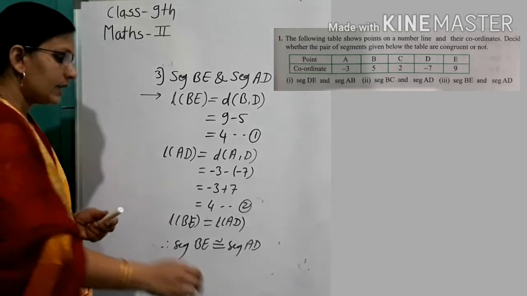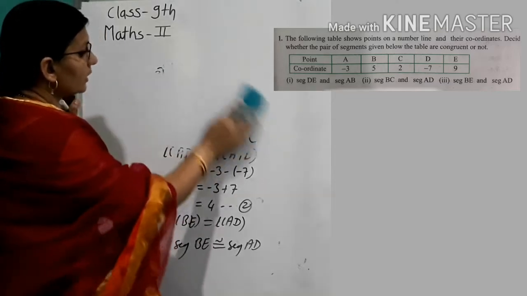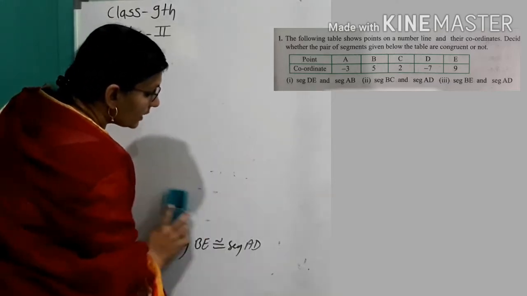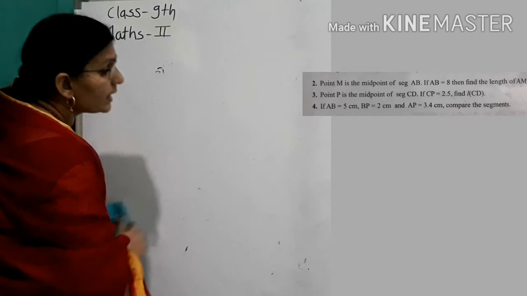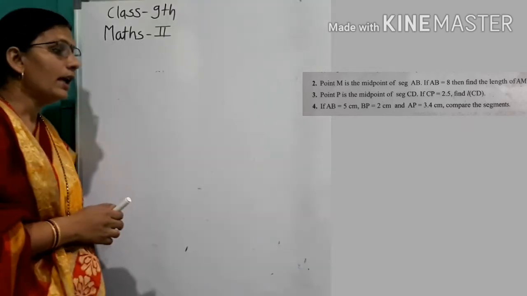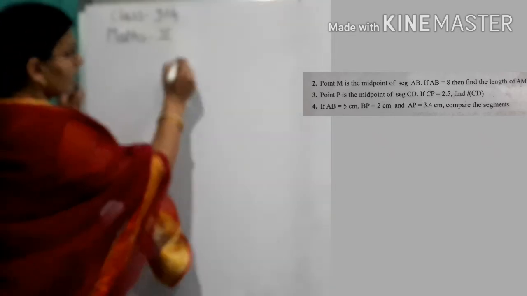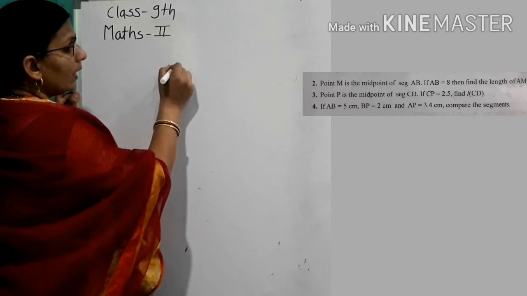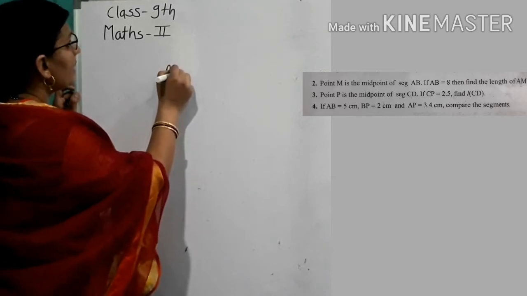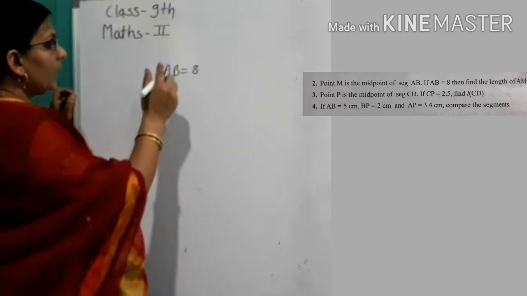Then, the next example is given, where M is the midpoint of AB and the length of AB is given as 8. Then find the length of AM. AB is given as 8 and M is the midpoint of AB.